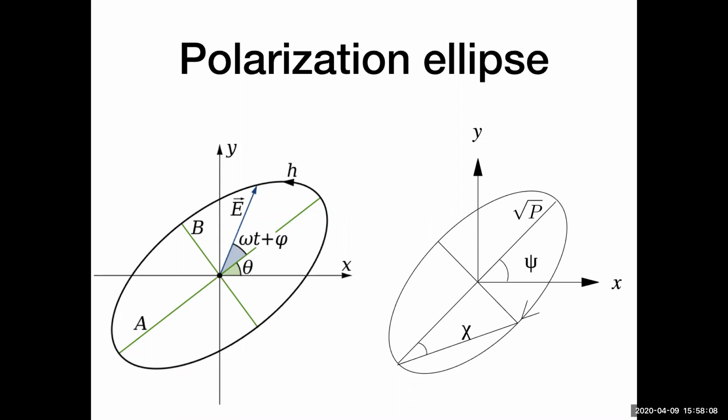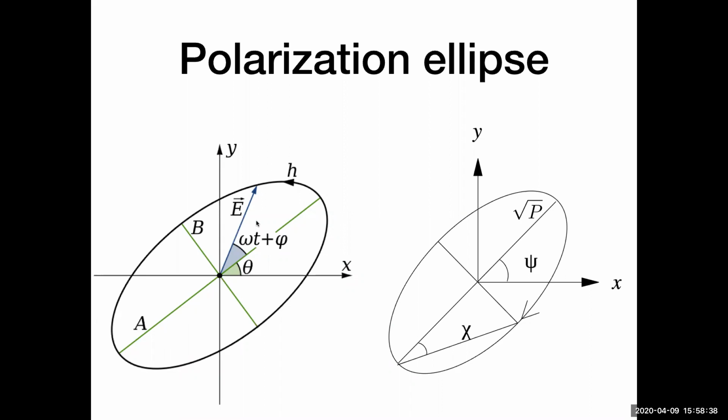Oh, I should back up a step according to my notes. One little mathematical complication is that the electric field, as it goes through one full cycle, one period, can either move clockwise or counterclockwise through the ellipse. That also contains physical information, so it needs to be captured in the parameters.